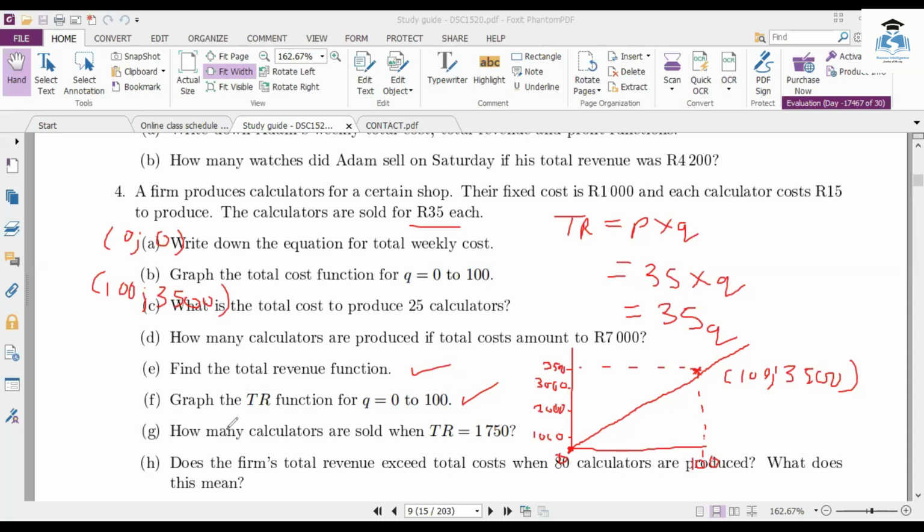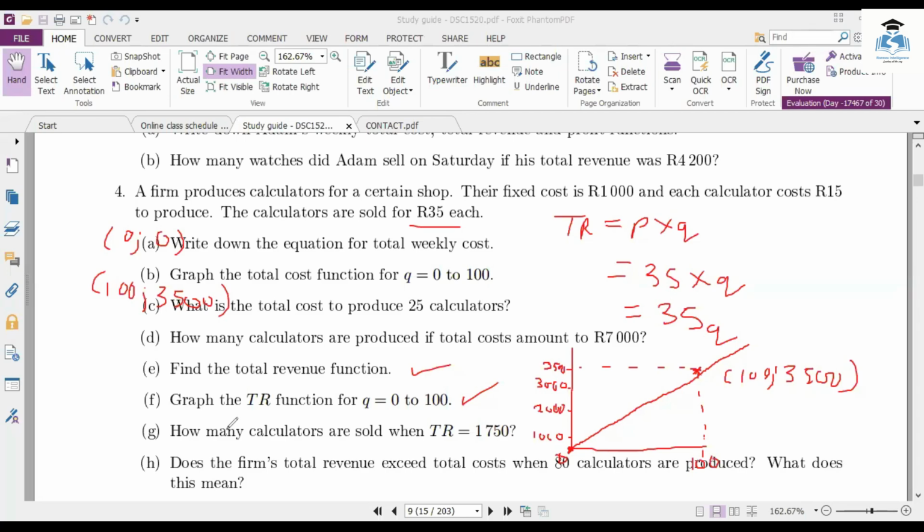So if they ask us to plot the graph, we have to determine the function and then do the coordinates. But if they say choose from the given graphs, you still have to do this, and it will assist you to select the right graph.